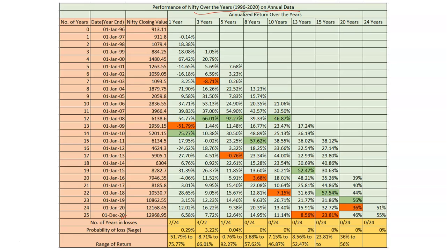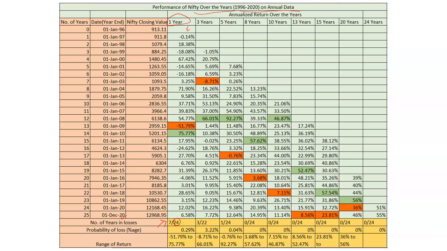Now let's see if you would have invested with a 1 year horizon in mind and calculated your returns based on the 1 year period. As you can see, in these 24 years you would have encountered 7 years where you would have got losses. What are these 7 years?